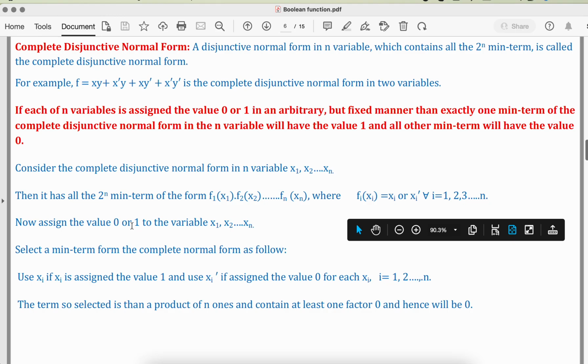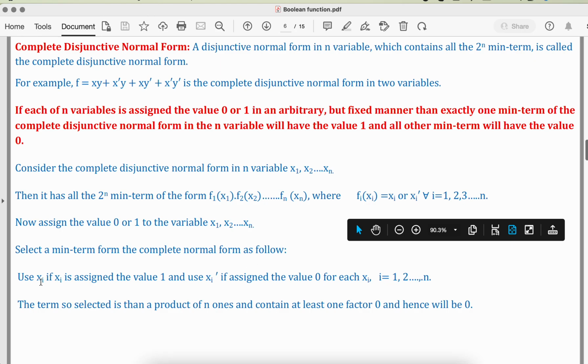Now assign the value 0 or 1 to the variables x1, x2, xn and select a minterm from the complete normal form as follows.